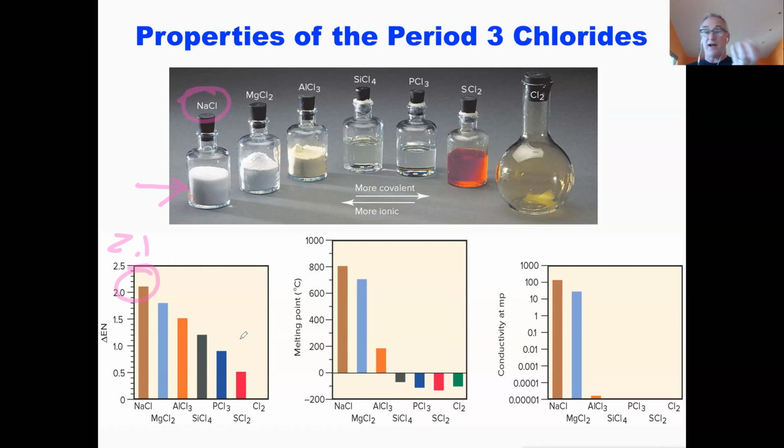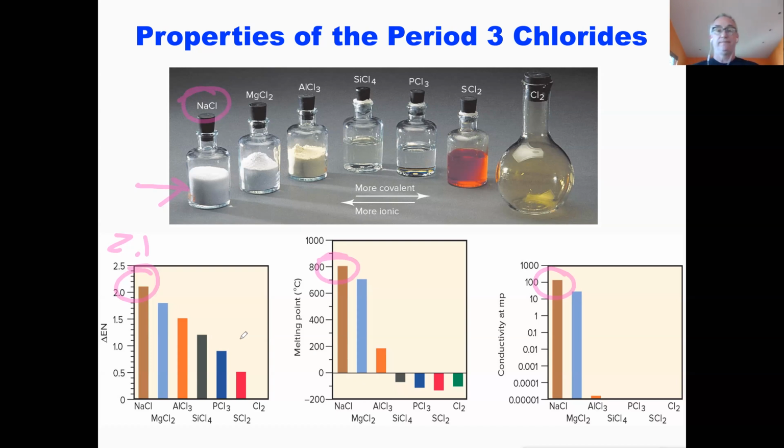You remember all ionic compounds give you these crystalline solids. And sodium chloride is a classic crystalline solid that melts at a high temperature and conducts electricity when it's melted. Okay, that's an ionic compound, no doubt about it.